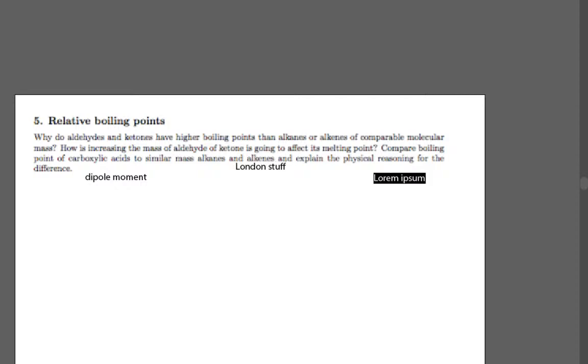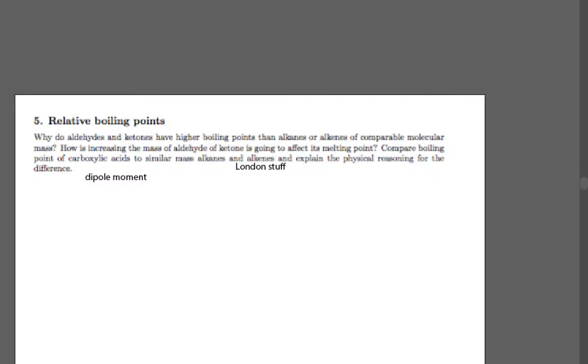Compare the boiling point of carboxylic acid to similar mass alkanes. Okay, carboxylic acid. I don't know about that, because all of my chemistry names, all of those organic ones, I still don't know what they are called. So this is basically the best point to learn.